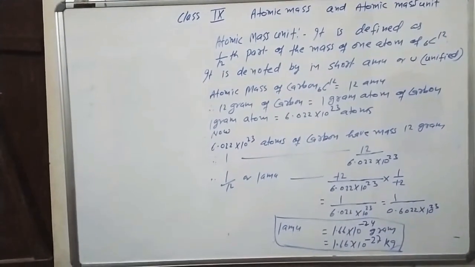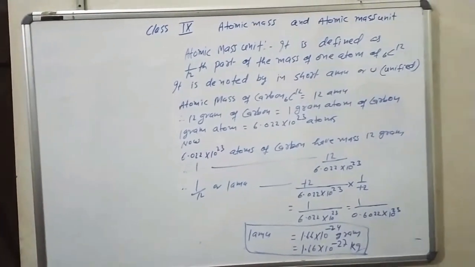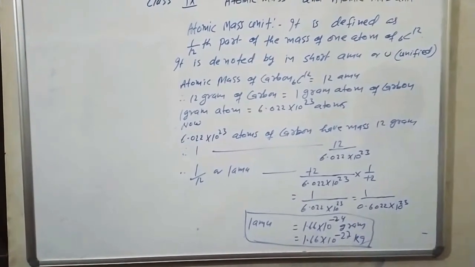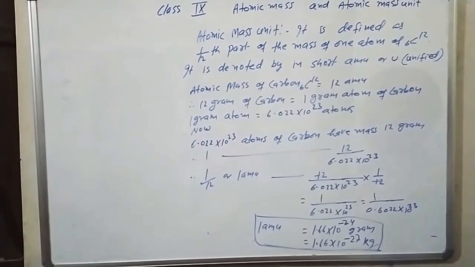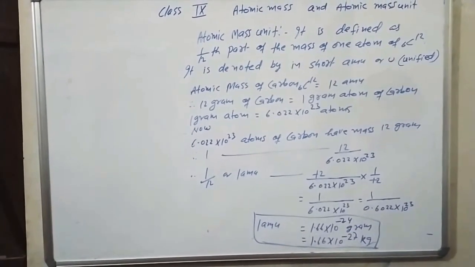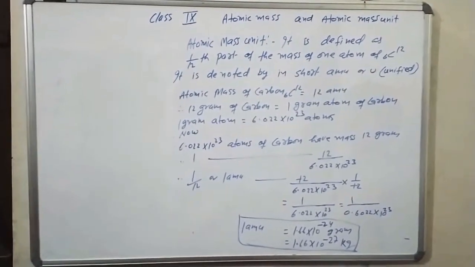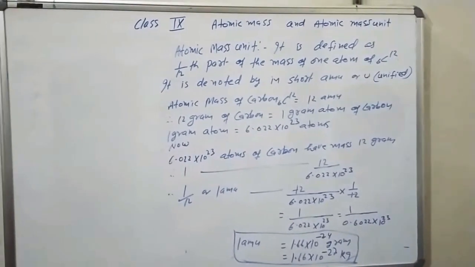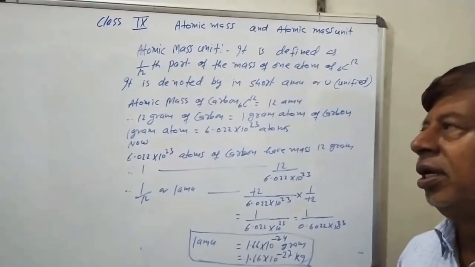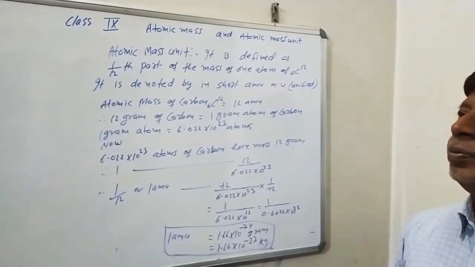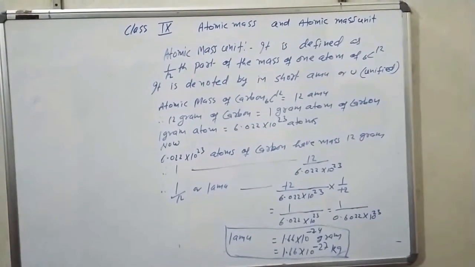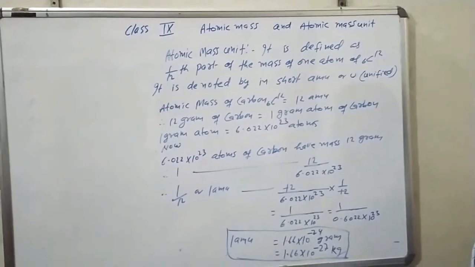the carbon. The mass of the carbon is 12 AMU, and when we take 6.022 into 10 to the power 23 atoms of carbon, it measures 12 gram of the carbon, not 1 gram.